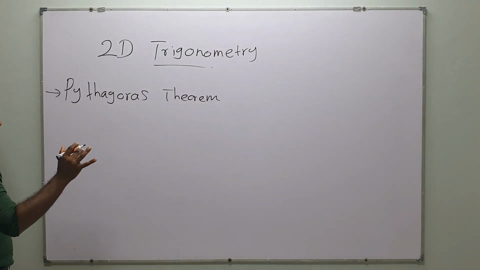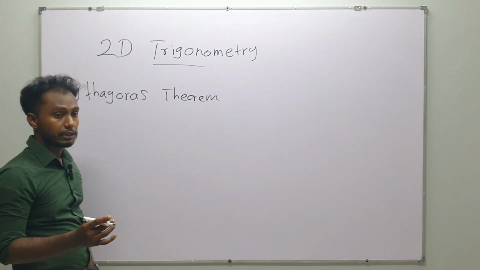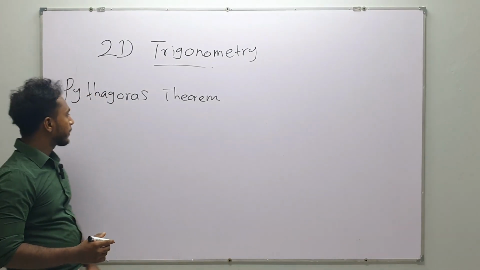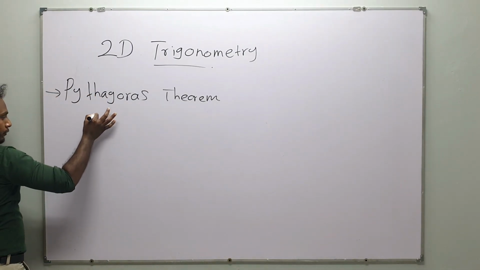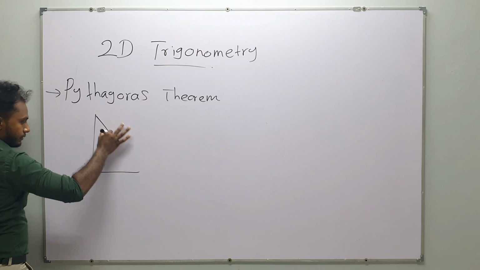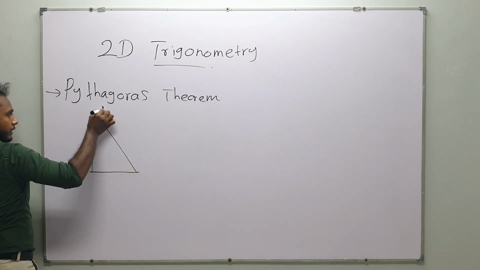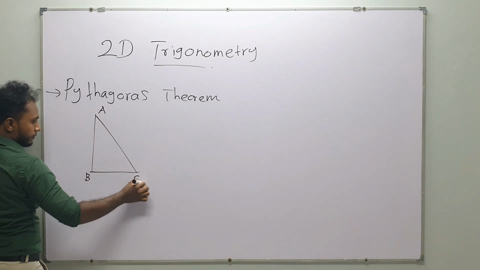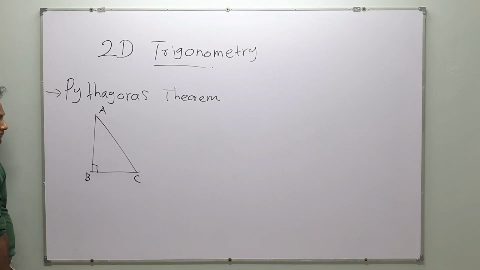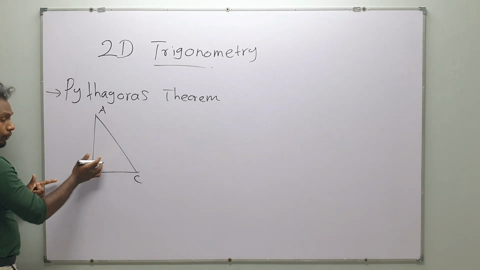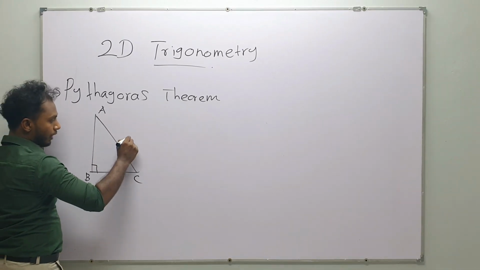You know that we use the Pythagoras theorem basically for right angle triangles, right? That means if you have a right angle triangle like this, I name this triangle ABC. This is the right angle, right? So the side opposite to the right angle is called the hypotenuse.